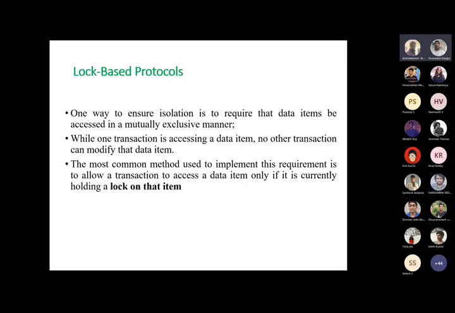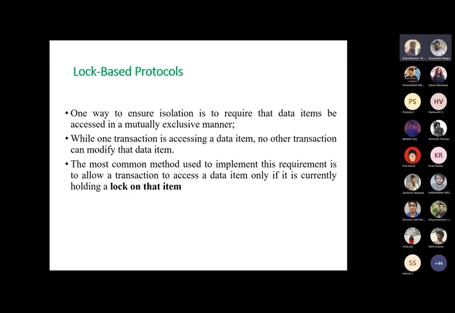Here we have two types of locks, namely shared lock and exclusive mode lock. If a transaction acquires a shared mode lock on a particular data item, it can perform only the read operation on that data item. It's known as shared mode lock.